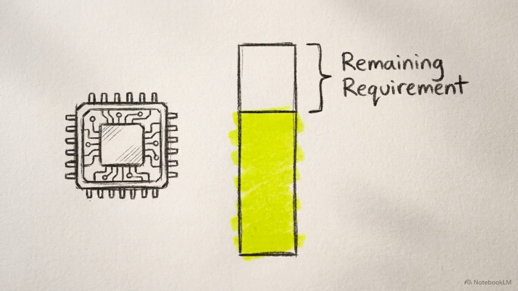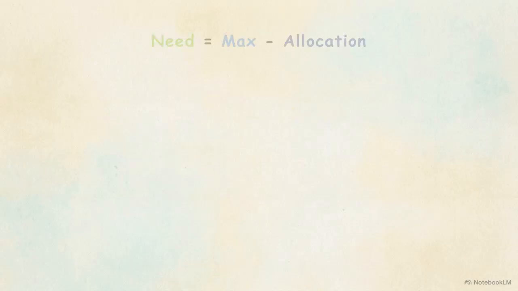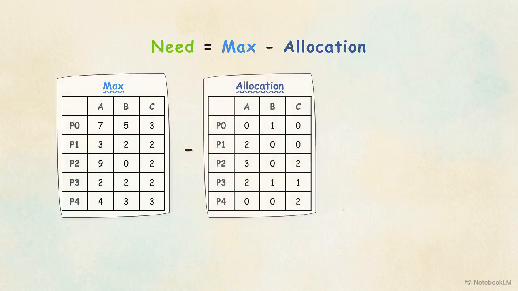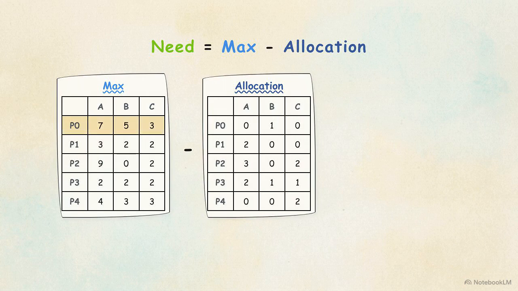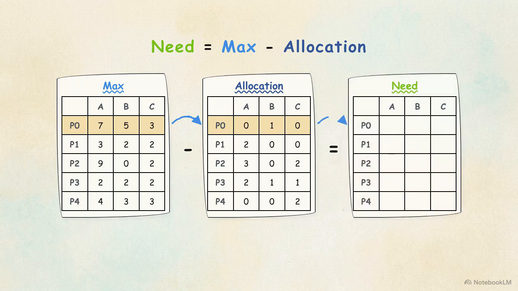Before running the safety check, the algorithm must determine how many additional resources each process might still require to finish. We calculate this using the formula need equals max minus allocation. For process 0, we take its maximum demand of 753 and subtract its current allocation of 010.